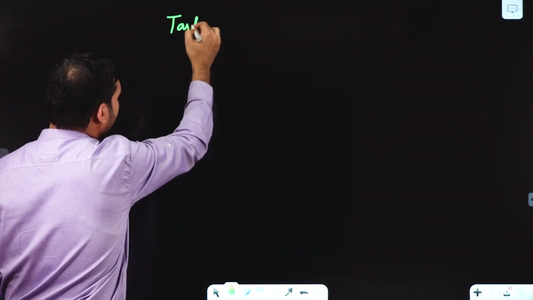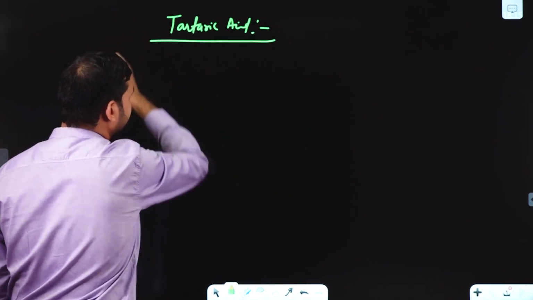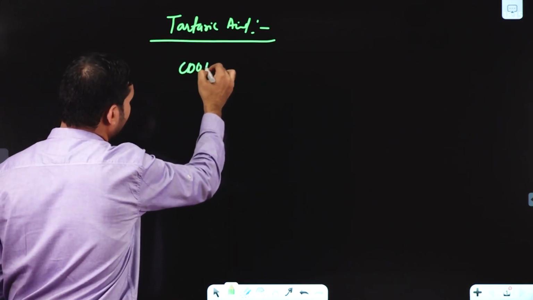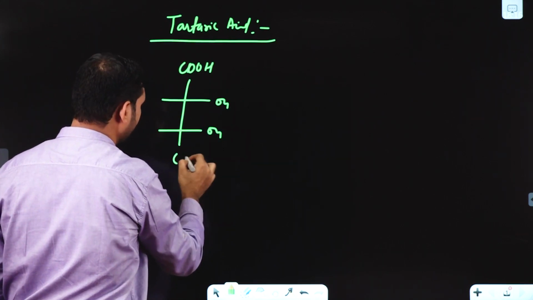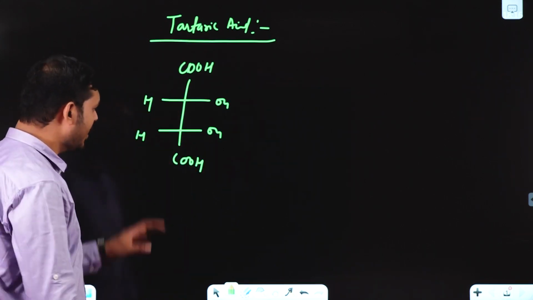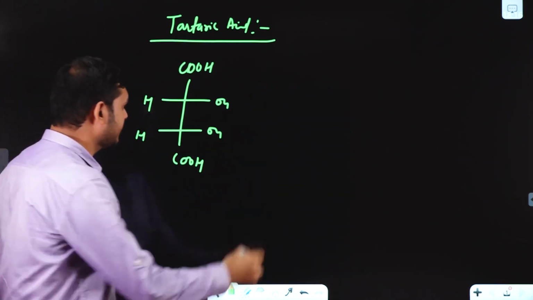Again, let's take an example of tartaric acid. Okay. Now, I can draw its mirror image. Let's see.